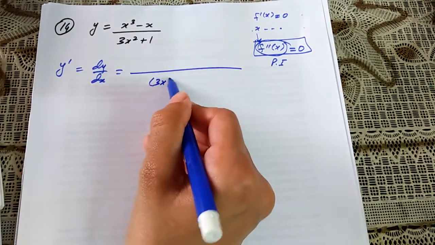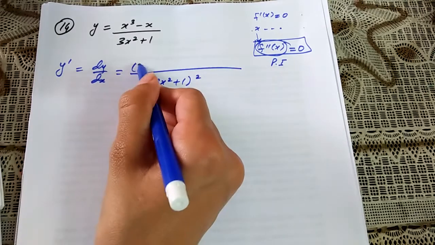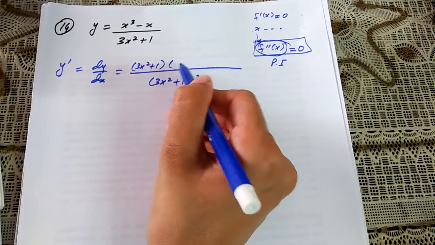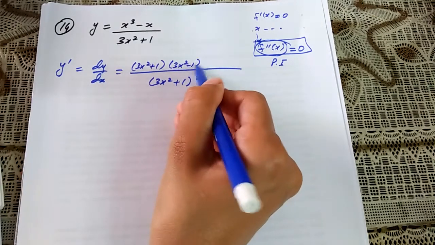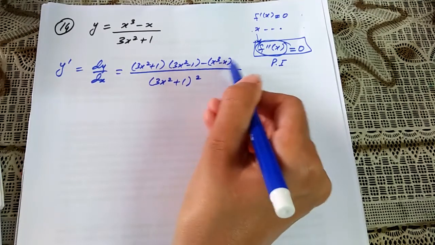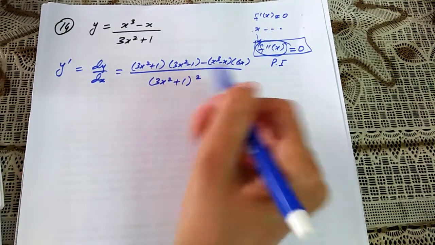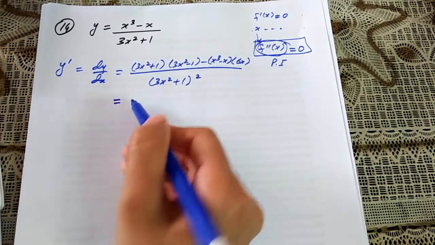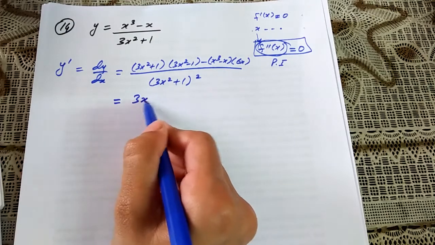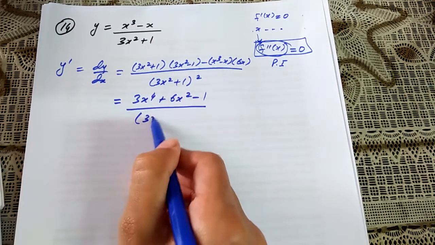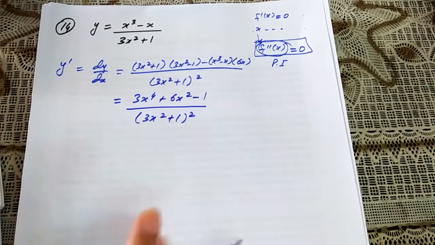The square of the denominator will come as it is, times the derivative of the numerator, which is 3x squared minus 1, minus the numerator as it is times the derivative of the denominator. After simplification, we get 3x to the power 4 plus 6x squared minus 1 over 3x squared plus 1 whole squared.